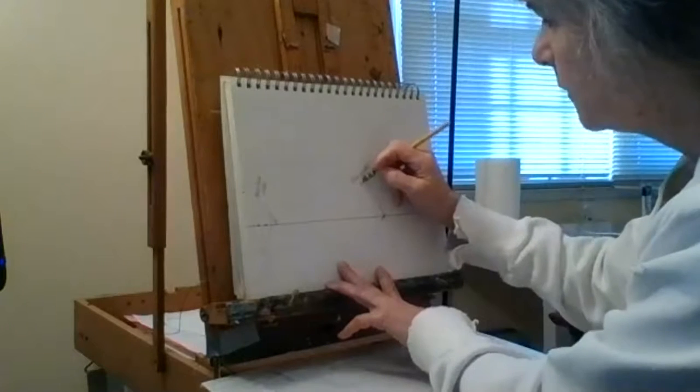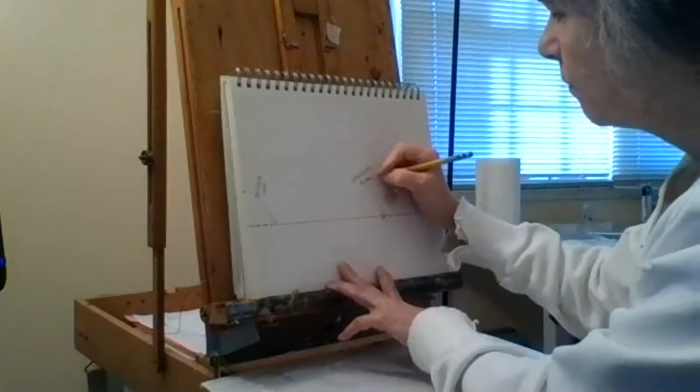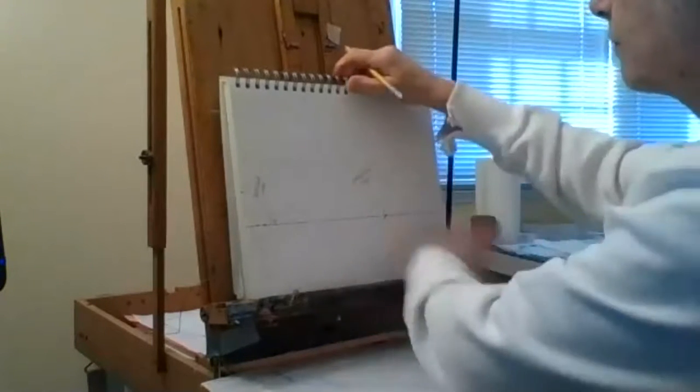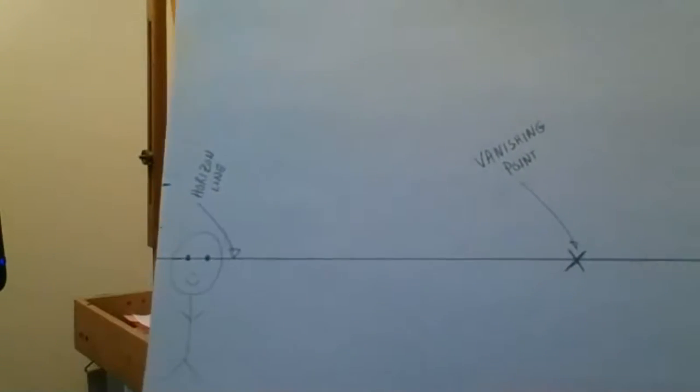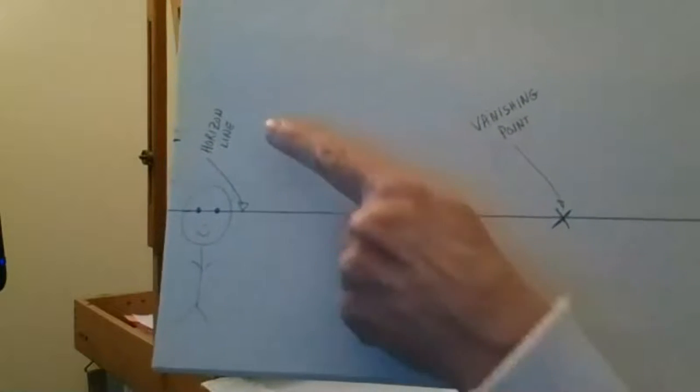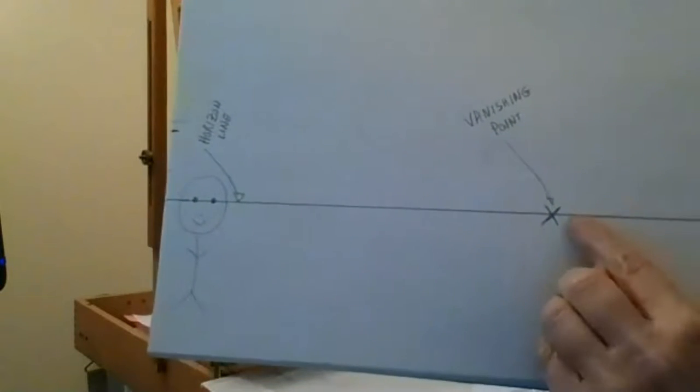You don't have to put the little person there, but so far we have the horizon line and we have the vanishing point.